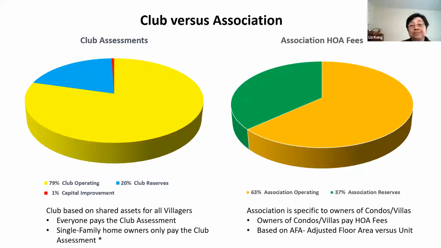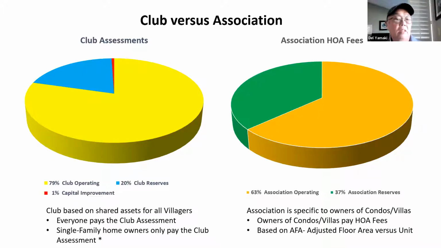Yes. Okay, so first of all, I thought I'd start by talking about club assessments and the association HOA fees. Generally, most of us refer to all of this as an HOA fee. The difference I'll try to outline is that you have two parts. The club assessments have to do with the assets or facilities that all of the villagers use here, and everyone pays the club assessment.